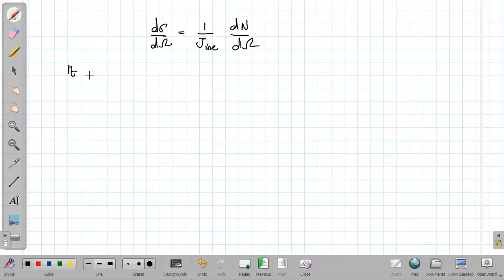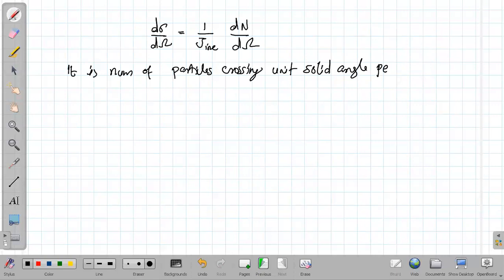So it is the number of particles crossing unit solid angle per unit time per unit incident flux. Okay, now what would be the dimension of d sigma by d omega?